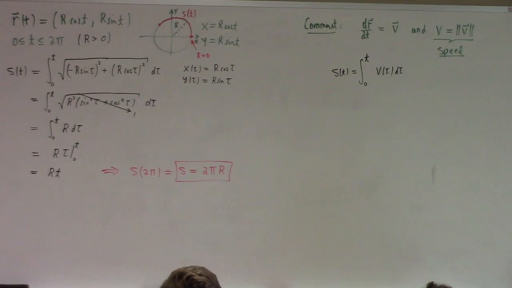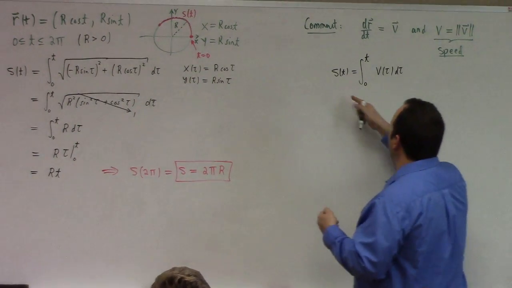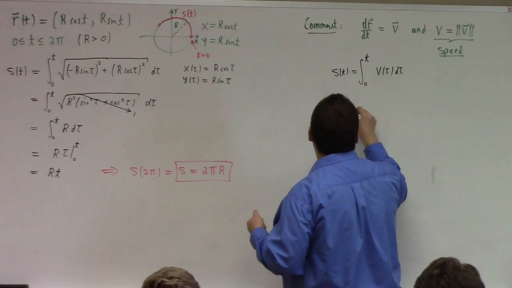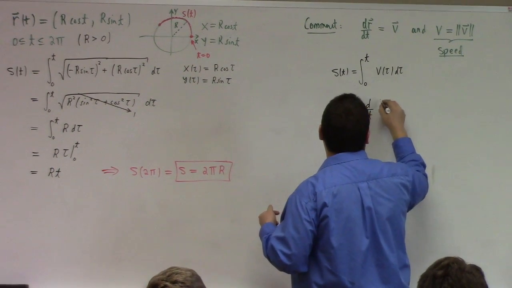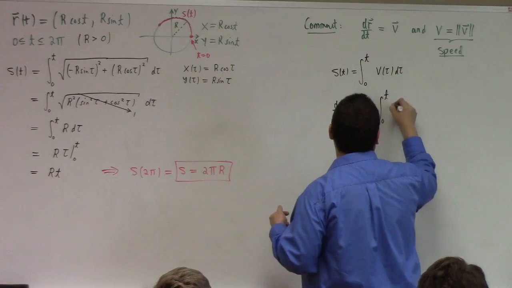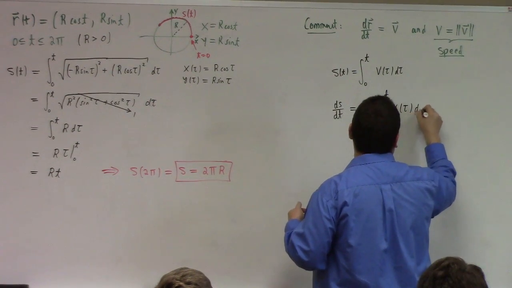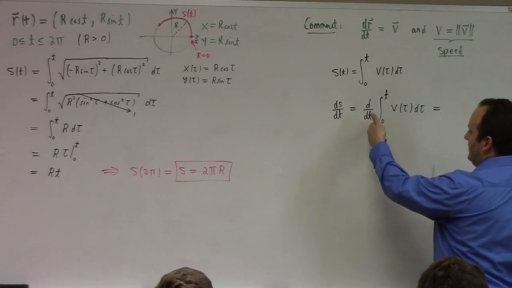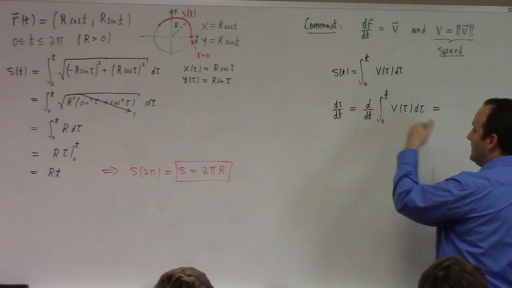When we're calculating the square root of dx/dt squared plus dy/dt squared, what we're doing is we're finding the formula for the speed. That's what it means. You can get a little bit more here. If you differentiate this with respect to time, what do we get? What's the derivative of an integral with a variable bound?